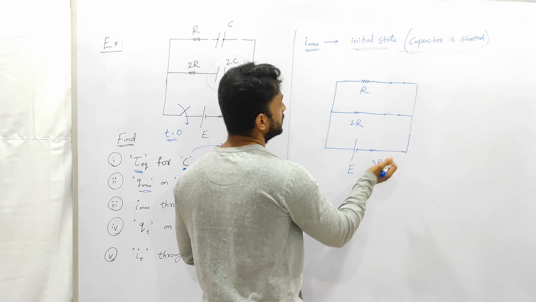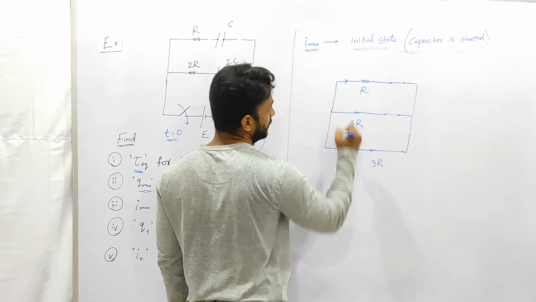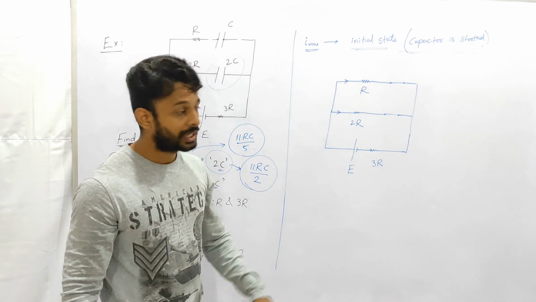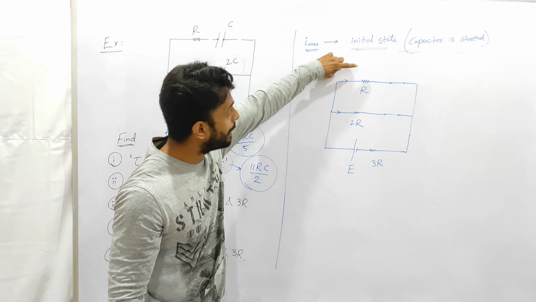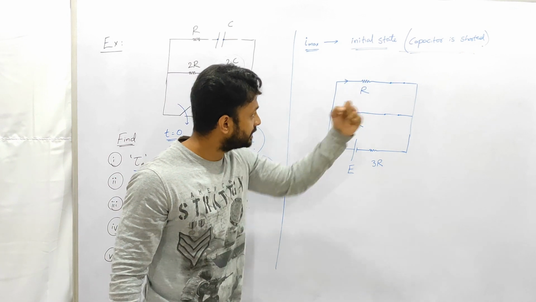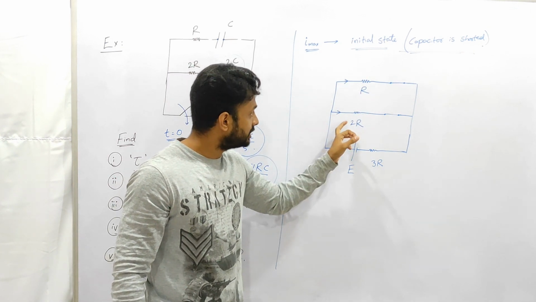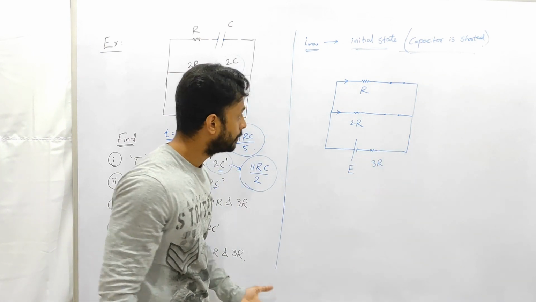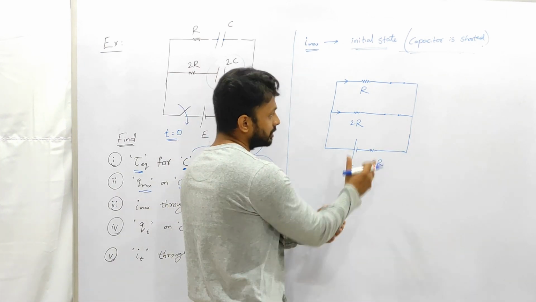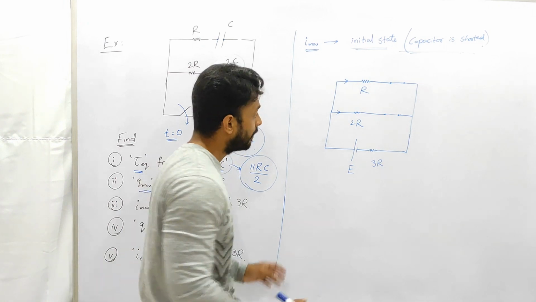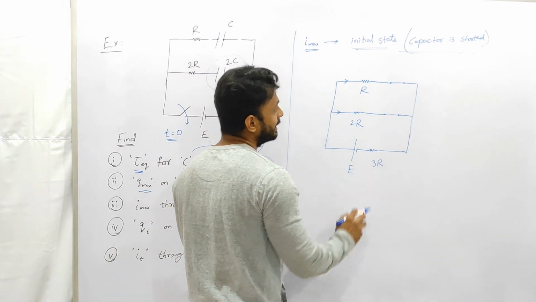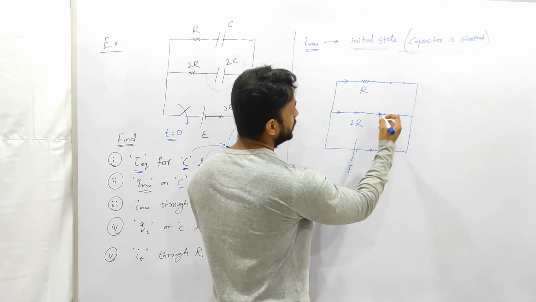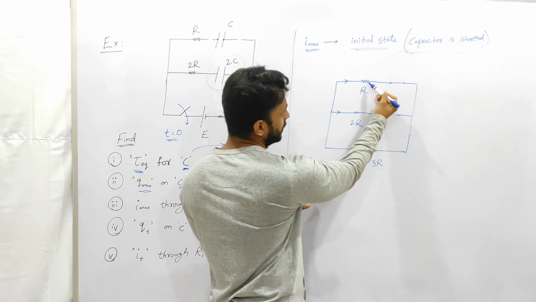Okay. Now in this situation, the current here and the current here, we can find easily. And the current here will be maximum in this branch, in this state. So in this state here also, the current in this branch will be maximum. So using the Kirchhoff laws or using the equivalent circuits, we can find what that current is in every branch here. Okay, so let me use that equivalent circuit concept here.